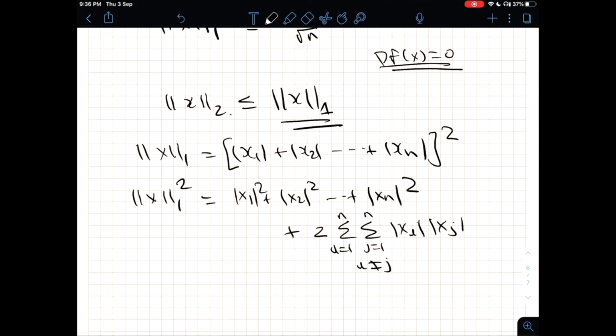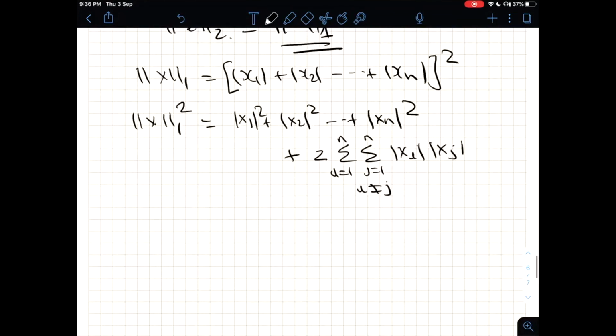Because for i equal to j, I have x1 square, x2 square, and xn square, which I have already derived here.